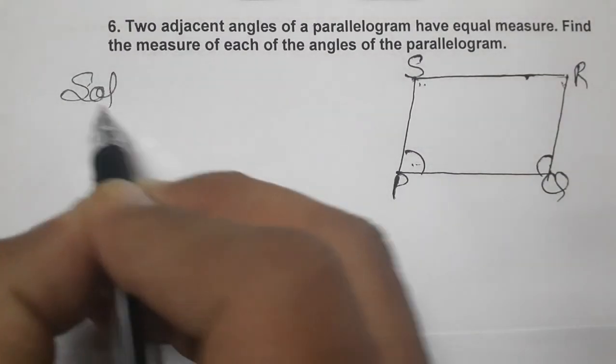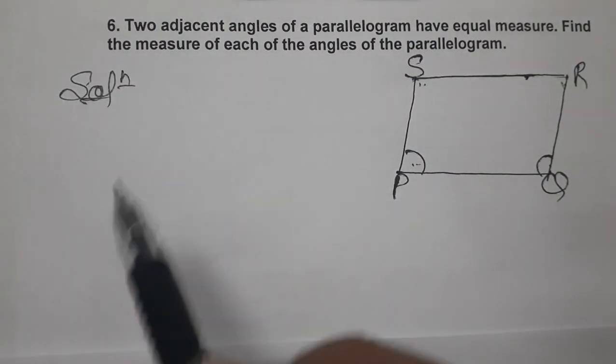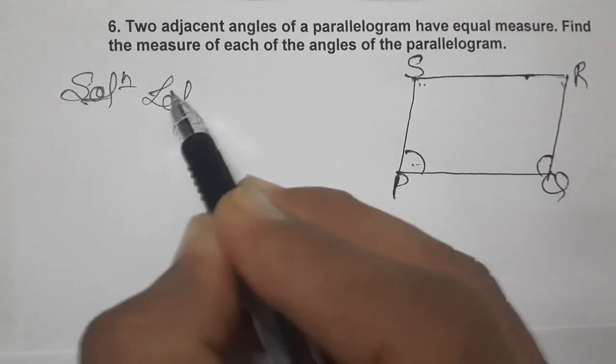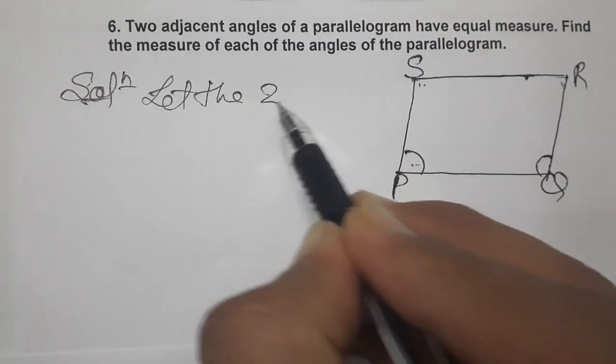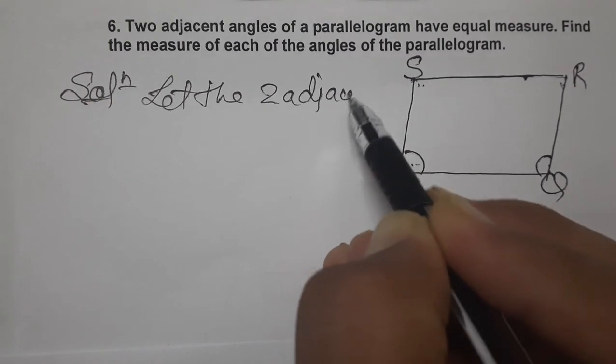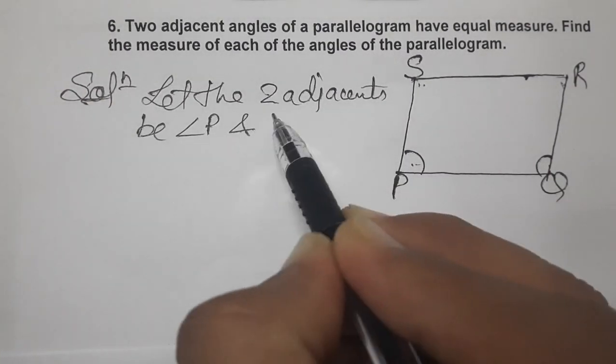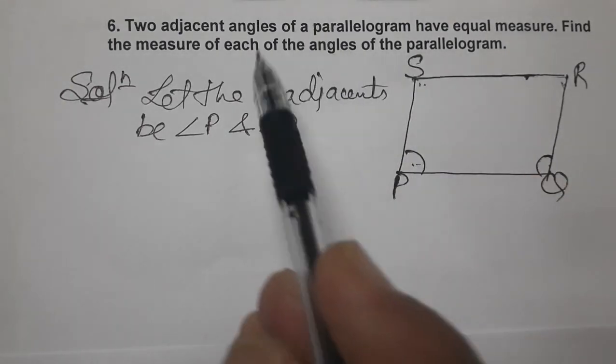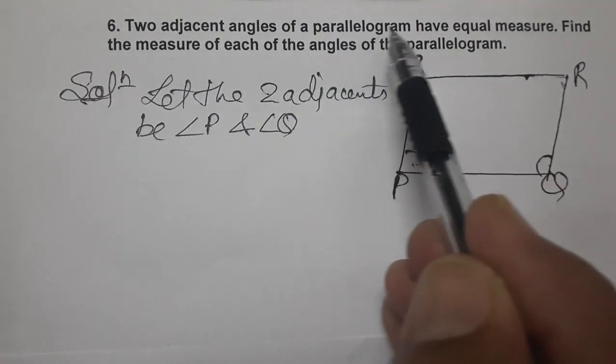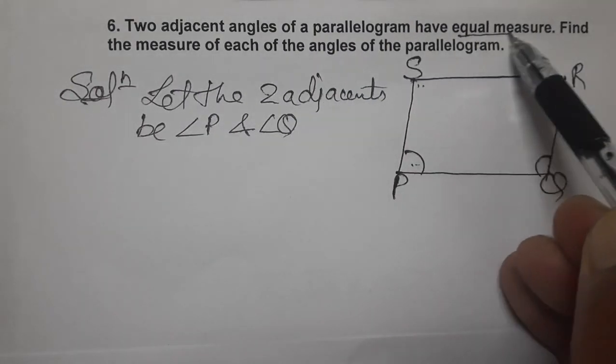So let's start. Let the two adjacent angles be angle P and angle Q. And given, two adjacent angles of a parallelogram have equal measure.